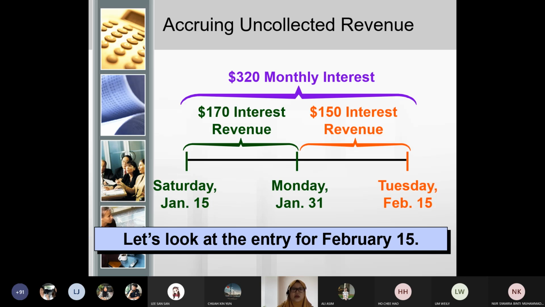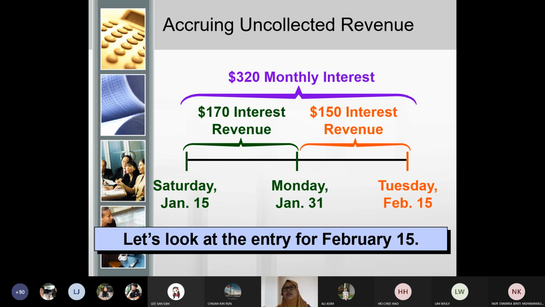Okay, let's say from the 1st February until February 15, the interest revenue is 150. So in total, the bank pays here on February 15, the bank pays 320 interest.